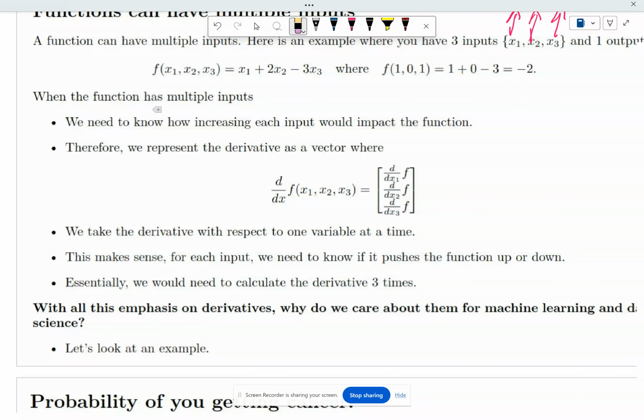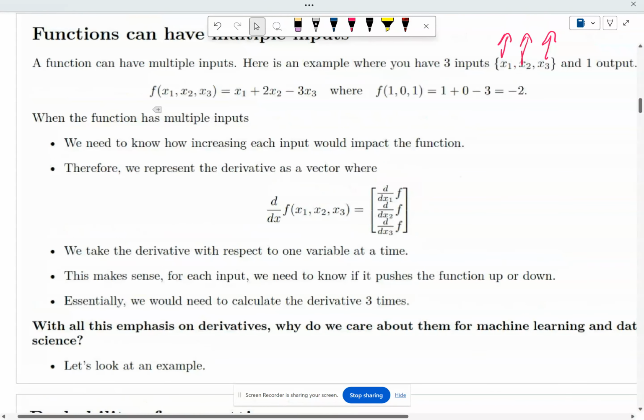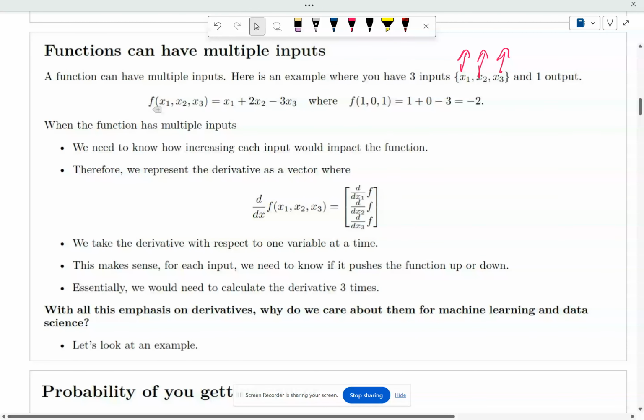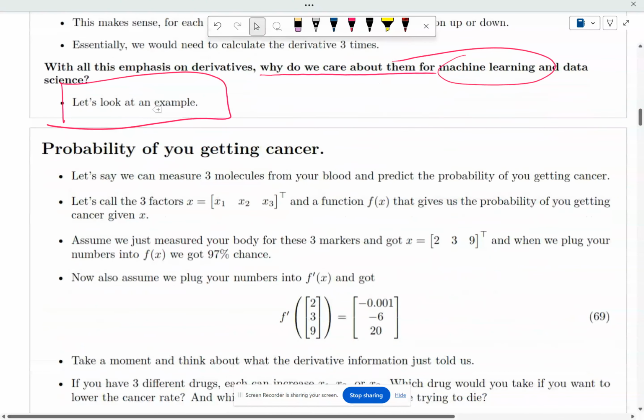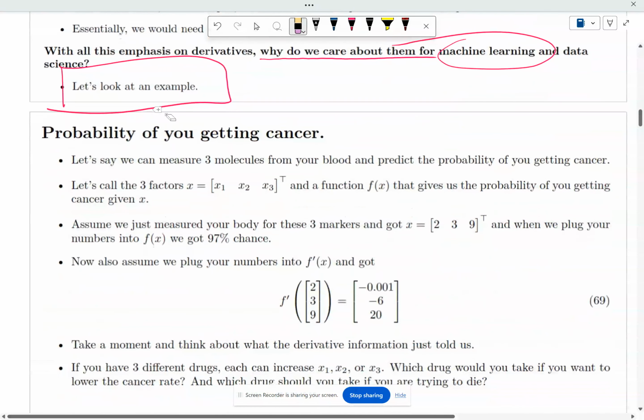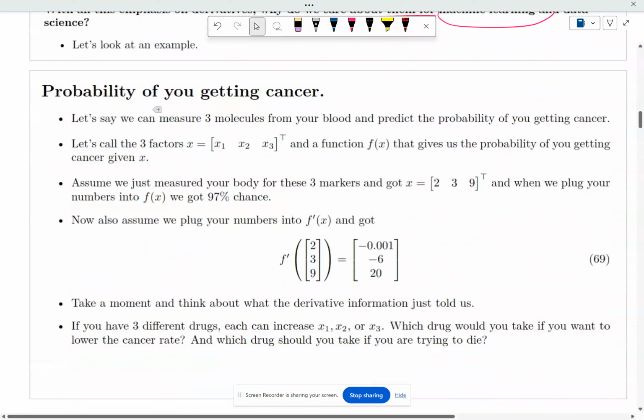So at this point, I've basically spent 10 minutes just talking about derivatives. So why so much emphasis on derivatives? Why do we care about them so much for machine learning and data science? Well, let's look at a quick example. Let's say we can measure three molecules from your blood.